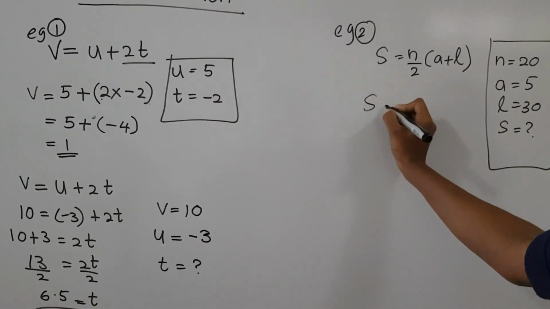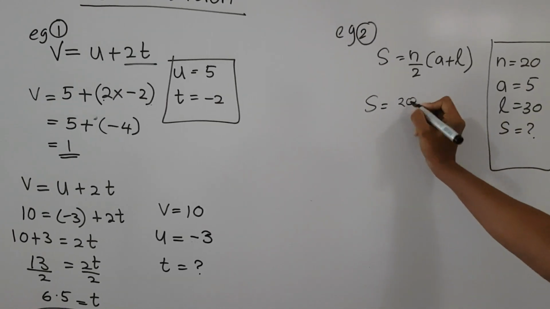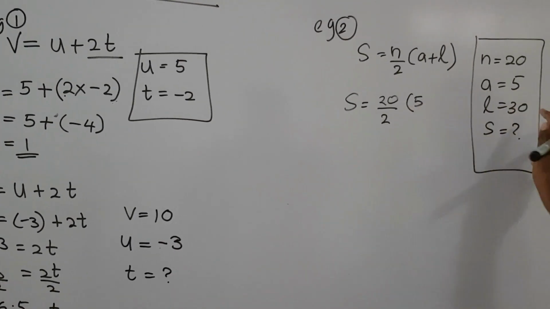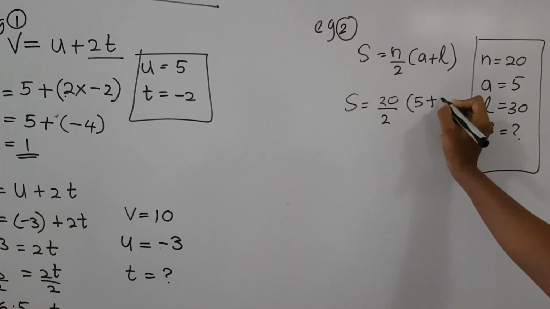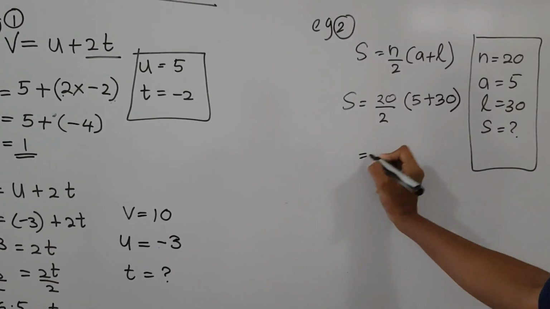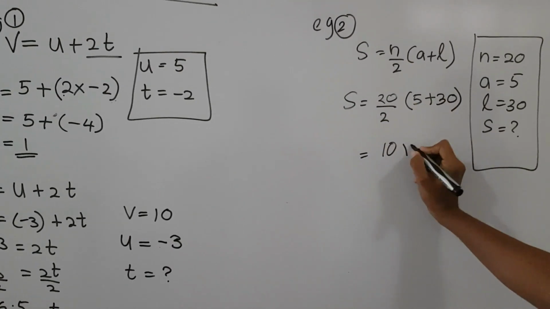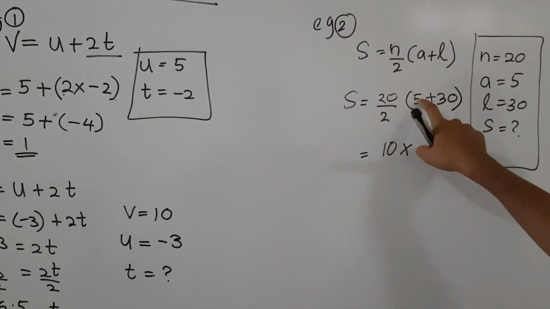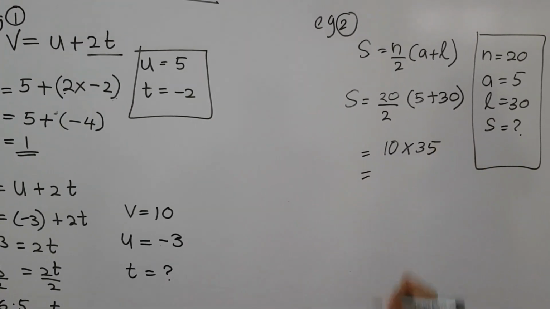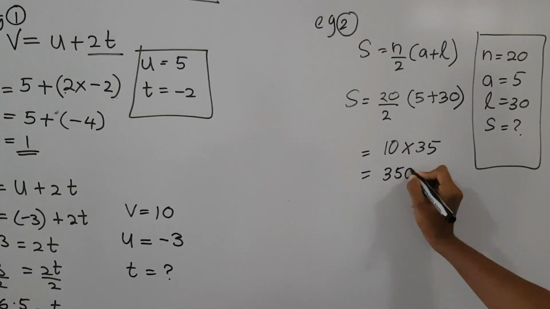S is equals to n is 20, so 20 over 2, A is 5, L is 30. So 20 divided by 2 is 10, and it's a multiplication because there's no sign. 5 and 30 is 35. So we can say S is equals to 350.